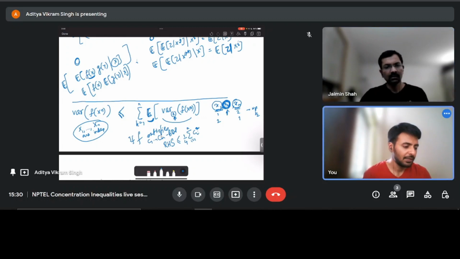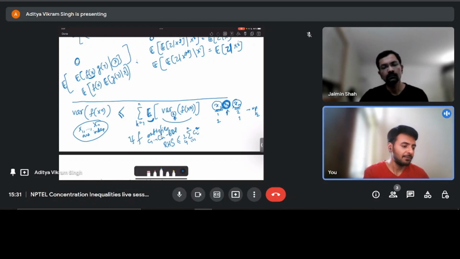So in general, if you want to compute the variance of a function of some quantity, functions could be very complicated. In the last assignment, we saw the bin packing problem, where x1 to xn are sizes of items and f is the minimum number of bins you can use. It becomes very difficult to compute the variance directly. So what you can do is fix every other item and then just change one item.